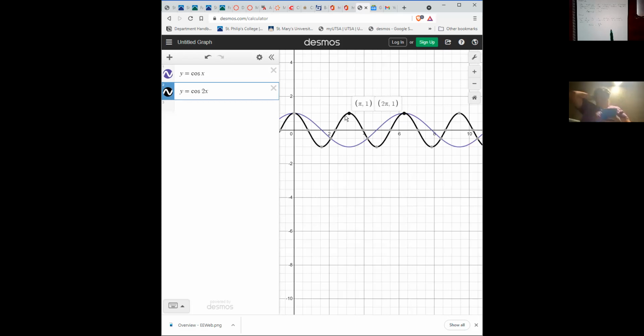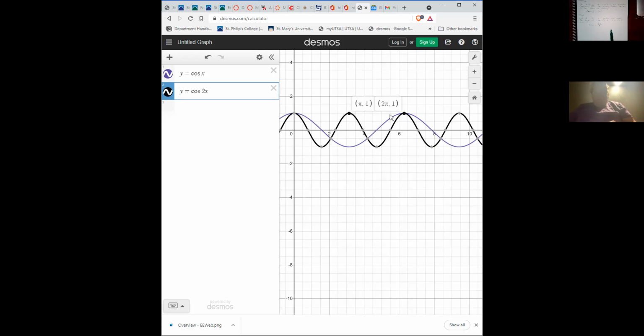Okay, now if you were to find the actual period, right, you take this 2 and divide into 2 pi. 2 pi divided by 2 is going to be pi, right, which we can already see visually. It ends in 1 pi and starts over. That's what period means. It's how long it takes for it to repeat itself or to complete one cycle.